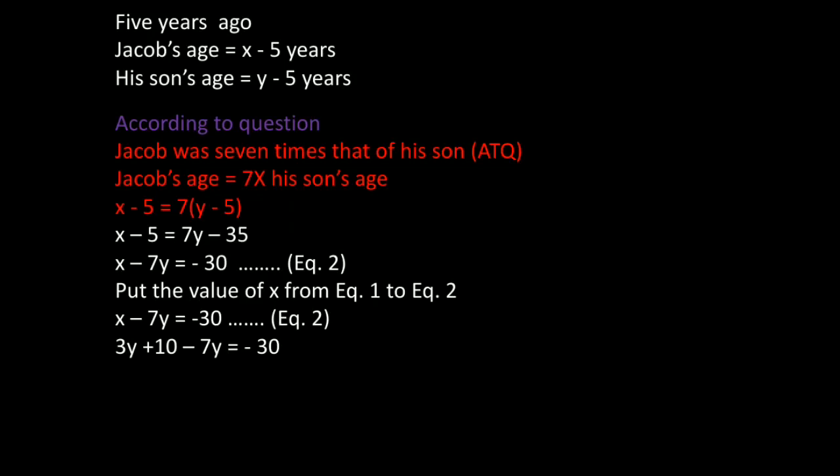So equation 2 becomes 3y + 10 - 7y = -30. 3y - 7y, this is -4y = -30 - 10. Means -4y = -40 and y = -40/-4. y = 10.